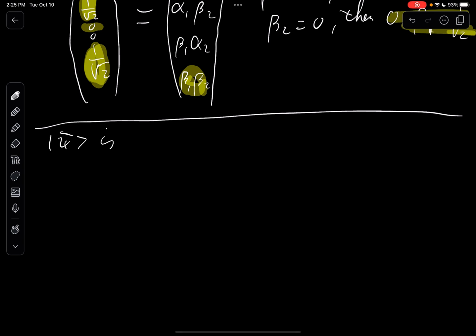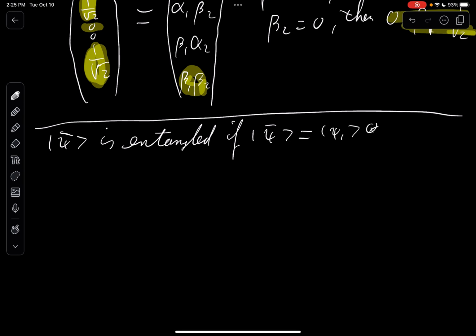Psi bar is entangled. If it's impossible to write it as a tensor product of two individual states, it is not equal to such a product.